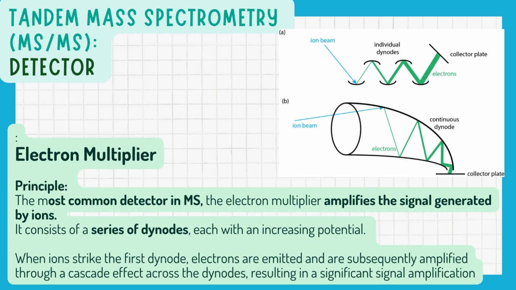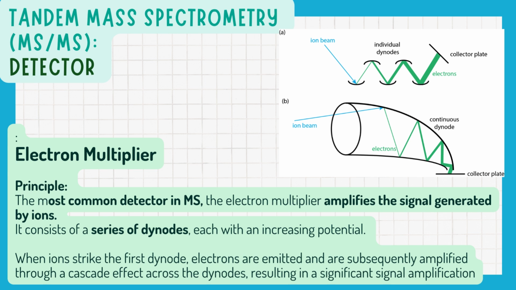And then guys, next we have our tandem mass spec detectors. For the detector, we have the electron multiplier. This is the most common detector used in mass spec. The electron multiplier is responsible for amplifying the signal generated by ions. The green ones are the signal generated by the ions, and then it consists of a series of dynodes. These are the individual dynodes, guys, and the dynodes are responsible for amplifying the signals generated by the ions.